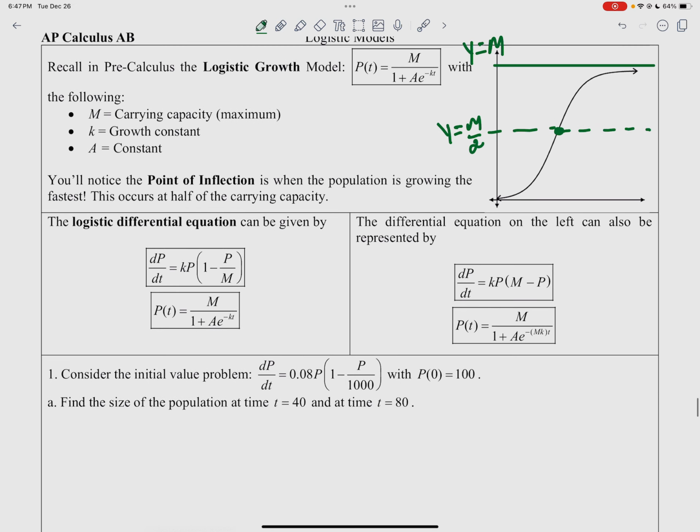The equation right here can be put into a differential equation, which is this little thing right here. I'm not going to go over or derive how we got this, but you can Google it or look in the textbook to see how it was derived.